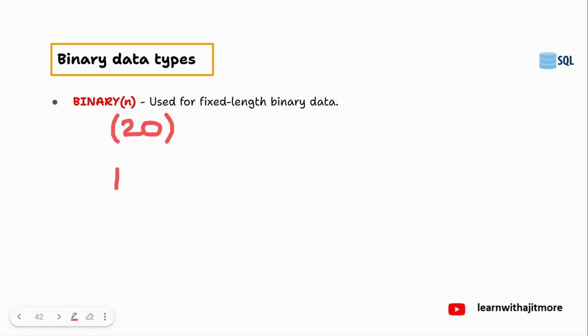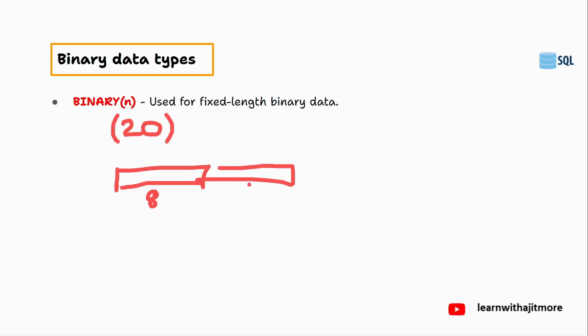One byte will be made up of 8 bits, 0101 pattern, 8 bits. Like this, one more byte. This way 20. So suppose your data is only of 4 bytes. Okay. So the remaining 16 will be filled with 0, 0, 0, 0, 0, 0 like that.